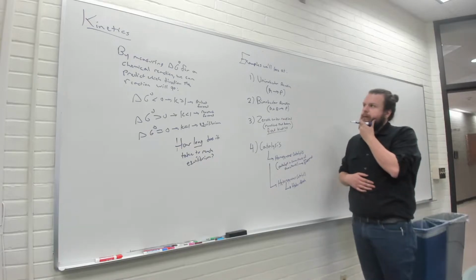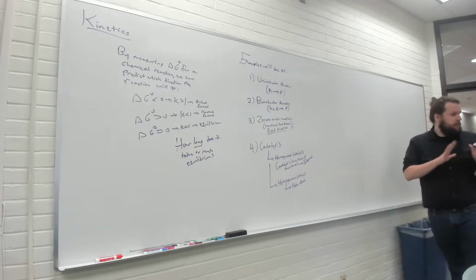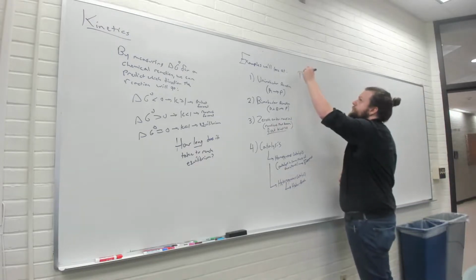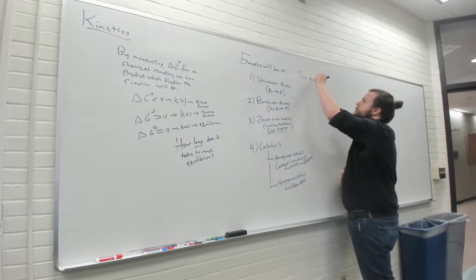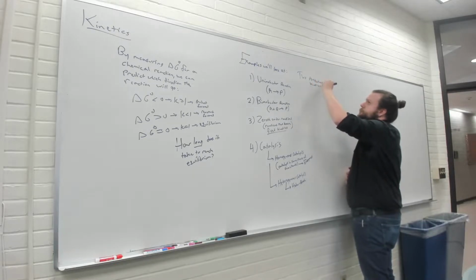Okay, so we'll work on all of this. And we're going to look at it from two different perspectives to kinetics. And we're going to kind of switch between them.